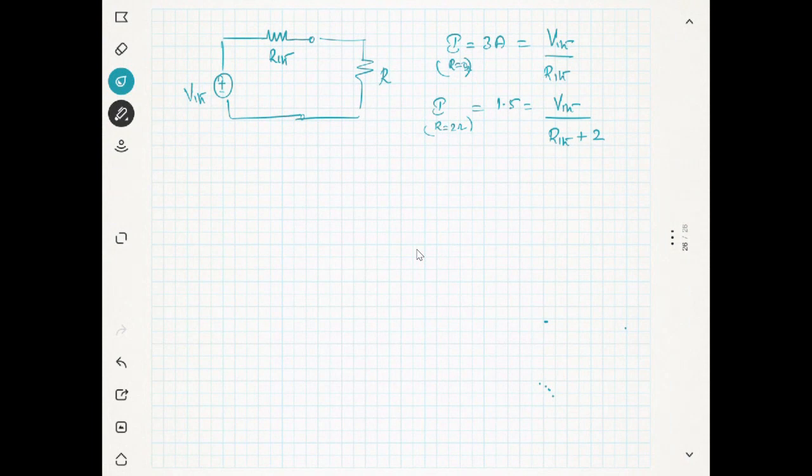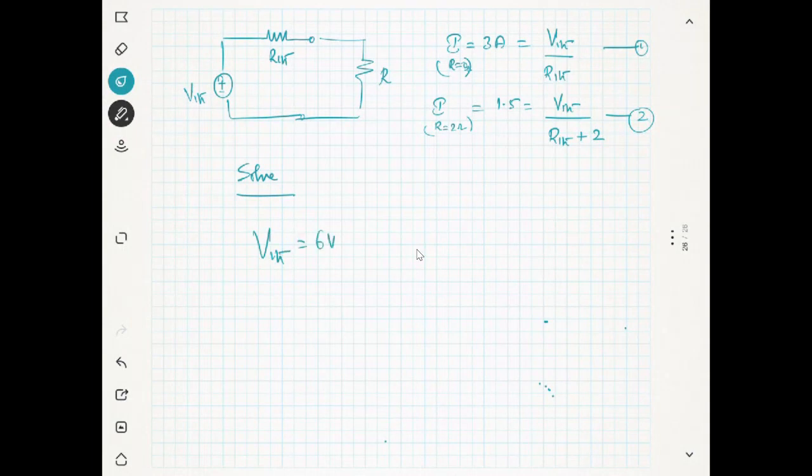Is it okay? Yes, sir. Now you have two equations, equation 1 and equation 2. And how many unknowns are there? You just need to find out V Thevenin and R Thevenin.